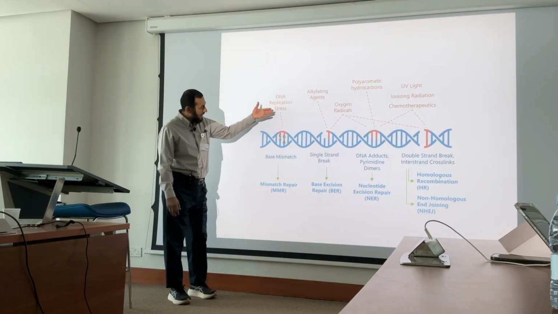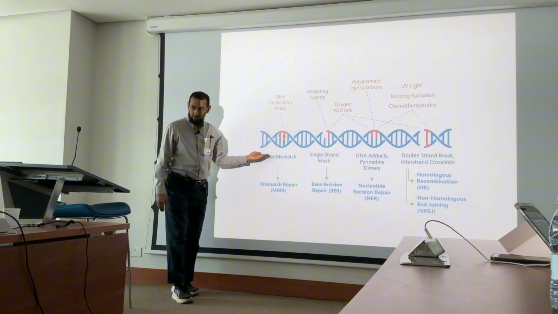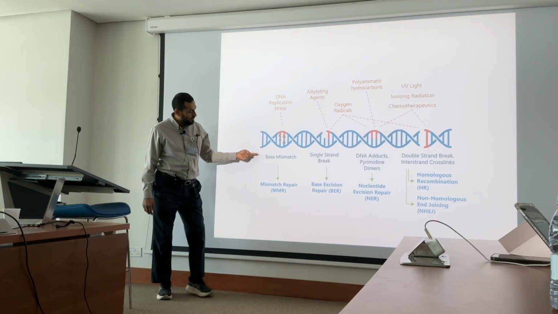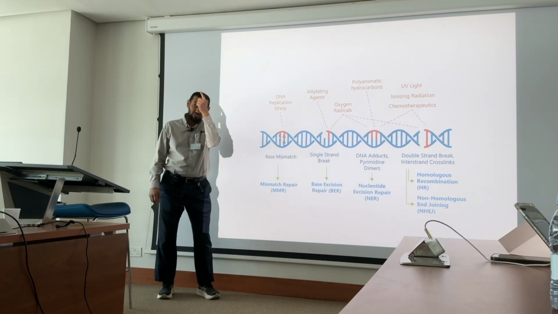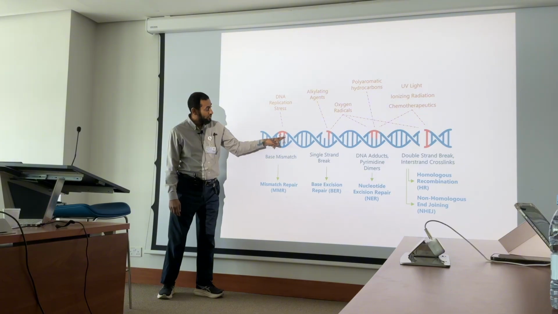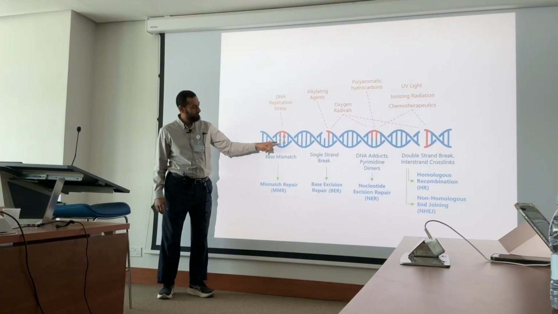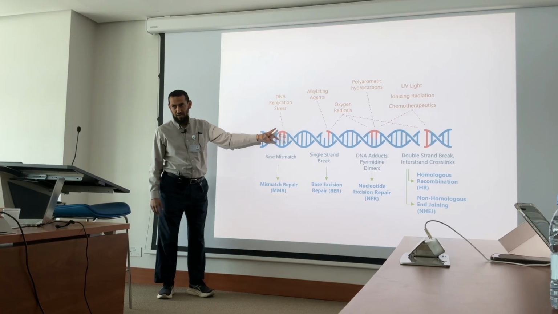And this is the type of effect of these materials on our DNA. It can lead to base mismatch that we talked about earlier. That G to A is a mismatch. It has to be corrected, or C to T, so it has to be corrected.